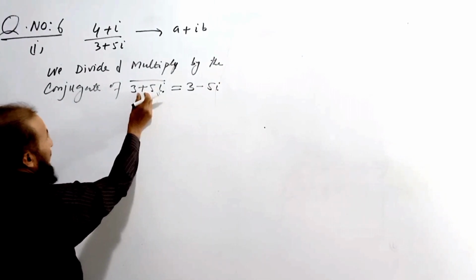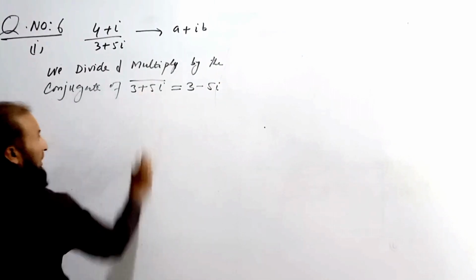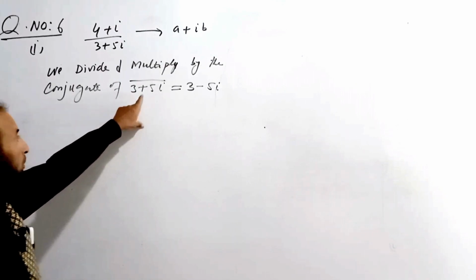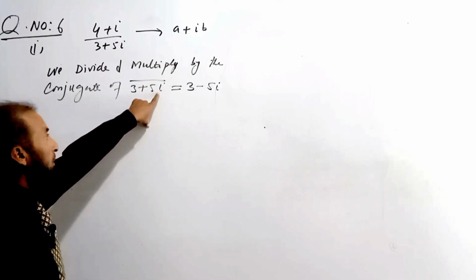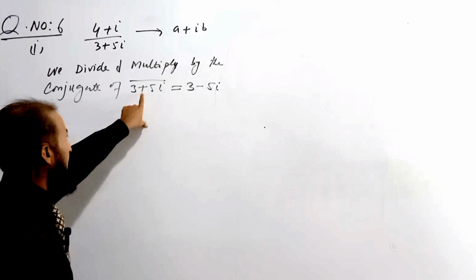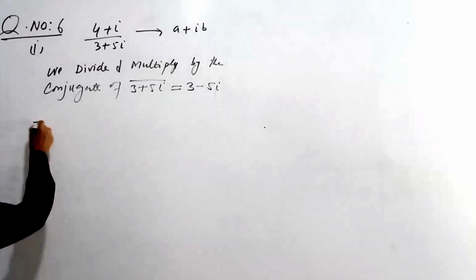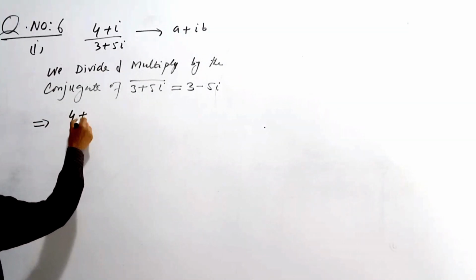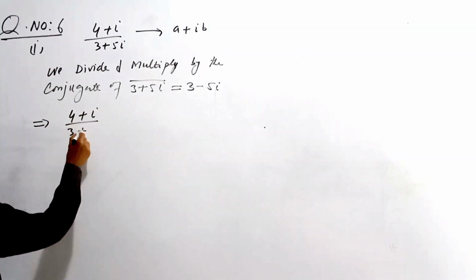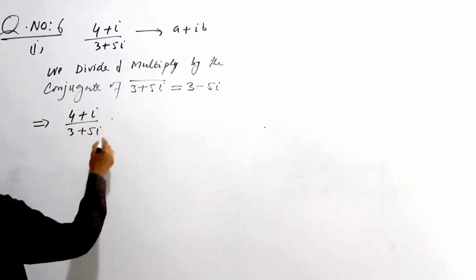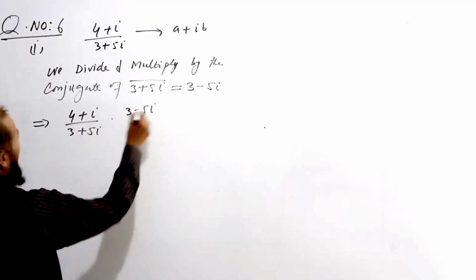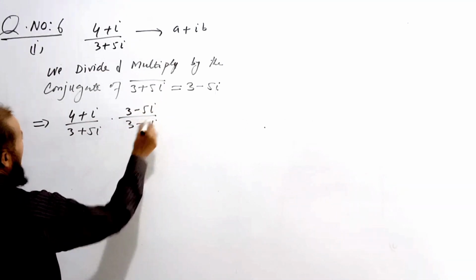Here the positive change we already discussed. And in the conjugate we always change the sign of the imaginary part. Here the symbol is positive, we change it into negative. Now we write 4 plus iota, 3 plus 5 iota, multiply by 3 minus 5 iota over 3 minus 5 iota.